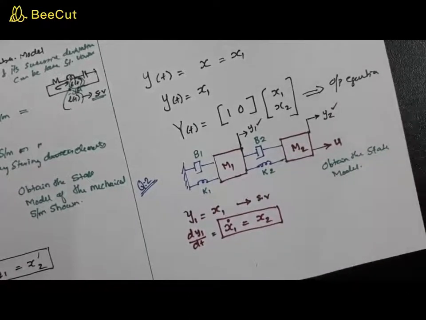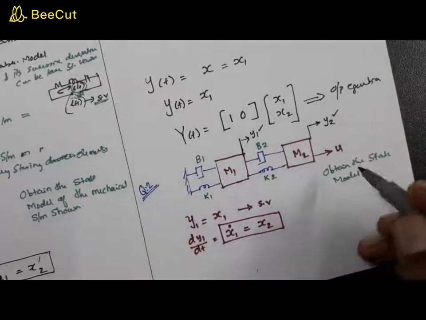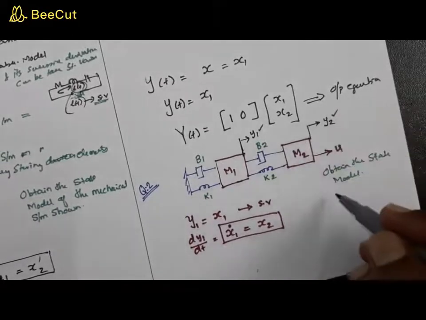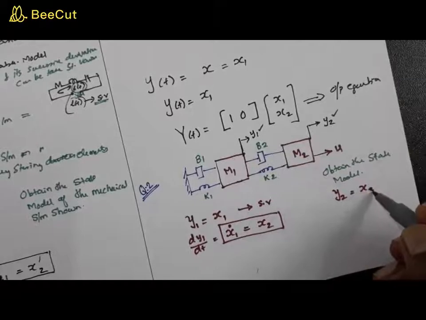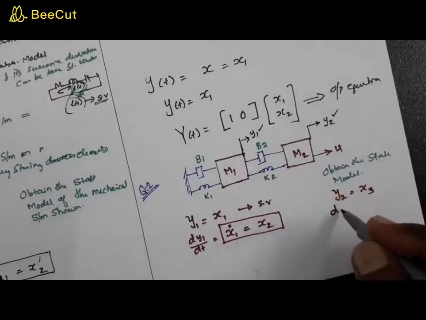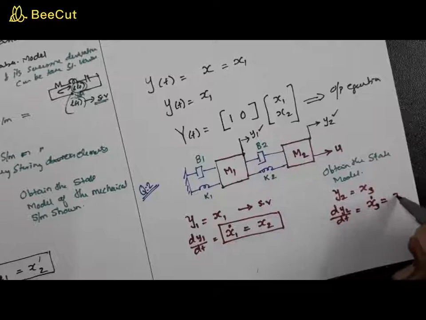Now what's the next thing? Similarly you can have this y2 as another state variable, x3, and its derivative dy2 by dt, which is actually your x3 dot, can be assigned as x4. Right?